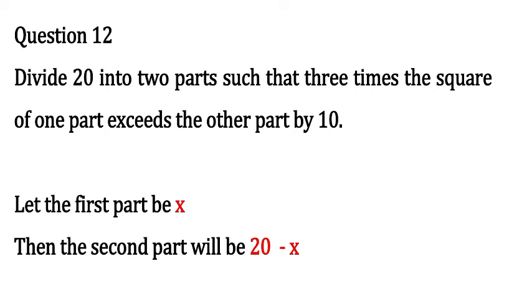If the first part is x, then the second part will be 20 minus x. Recall the example from question number 6: if you have 10 chocolates and give a share x to your friend, then your share will be 10 minus x. Same way, the first part is x, then the second part will be 20 minus x.